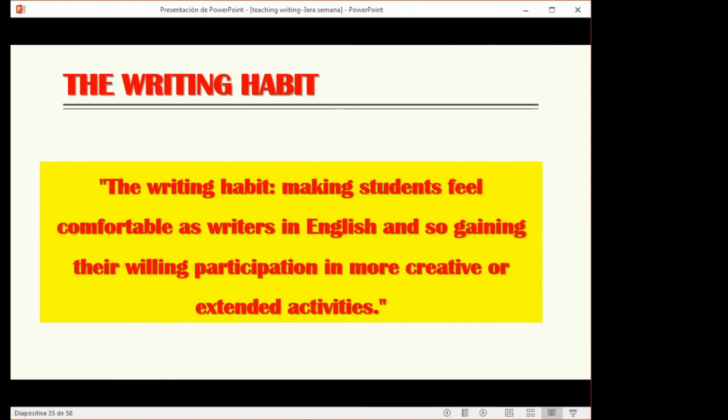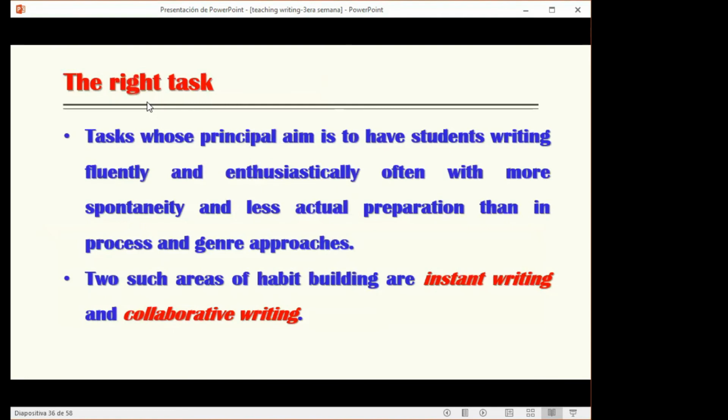They could feel comfortable when they write in English, and you can make your students more willing to participate in the process of writing, in creative or extended activities. Tasks whose principal aim is to have students writing fluently and enthusiastically, often with more spontaneity and less actual preparation than in process and genre approaches.